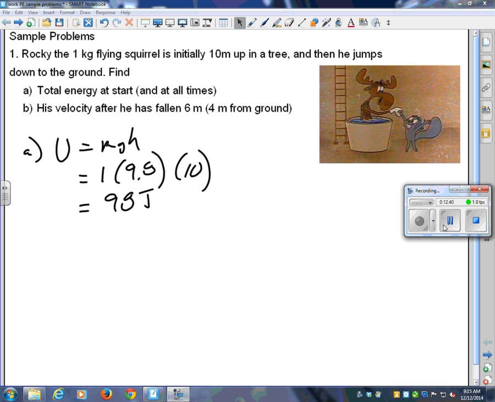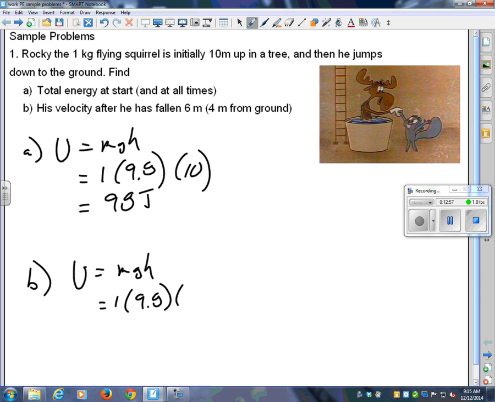How do we find his velocity after he's fallen 6 meters? Well, let's do it the energy way. If he's fallen 6 meters, then that means he's 4 meters from the ground, right? So let's find his potential energy at that height. 1 times 9.8 times 4, 39.2 joules.